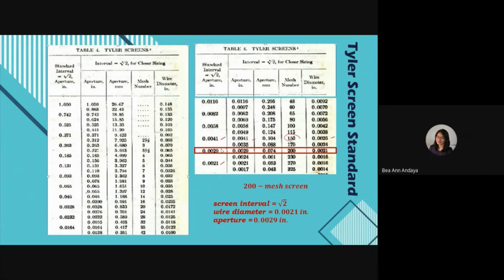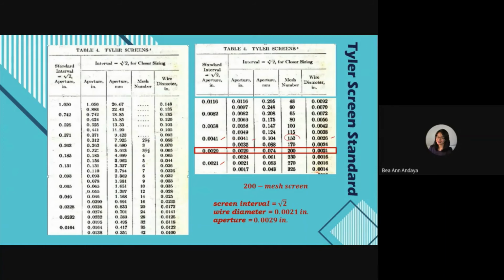But if we desire to use a closer sizing, sabi nga natin for careful work or some research purposes, pwede rin tayong gumamit ng interval na fourth root of 2. So, ganun pa rin. From 0.0029, for example, all you have to do is to multiply it by the fourth root of 2 and then makakakuha tayo ng 0.0035 instead of going directly to 0.0041.